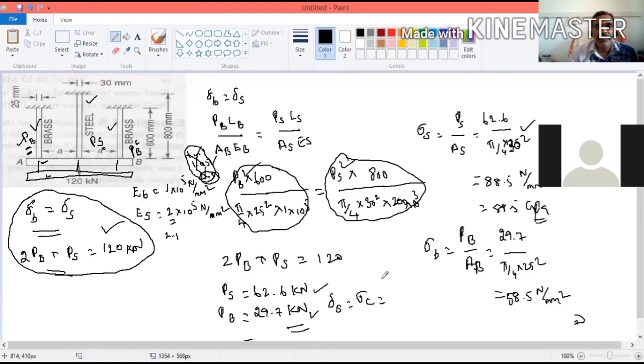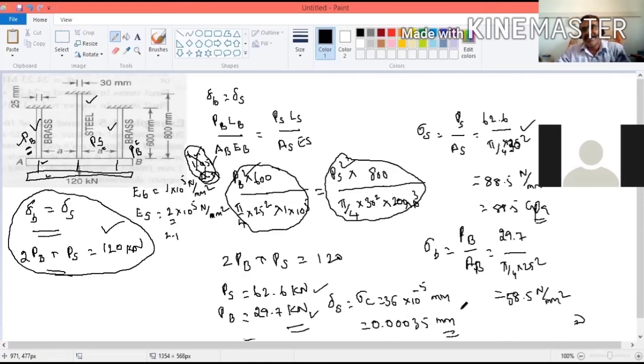Either you find delta S or delta B. The value will be 35 into 10 power minus 5 millimeter, otherwise 0.00035 millimeter. So this is the way you have to solve this problem, right?